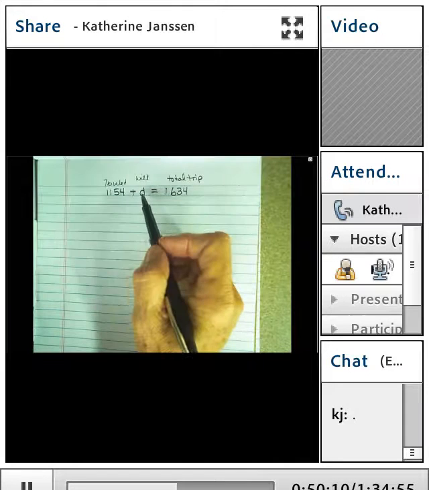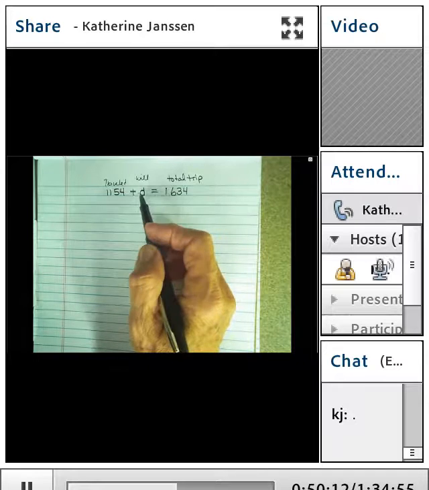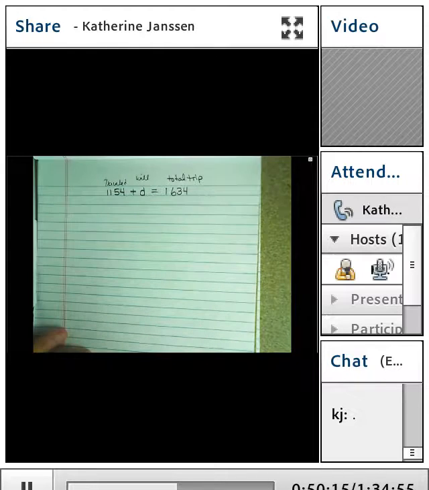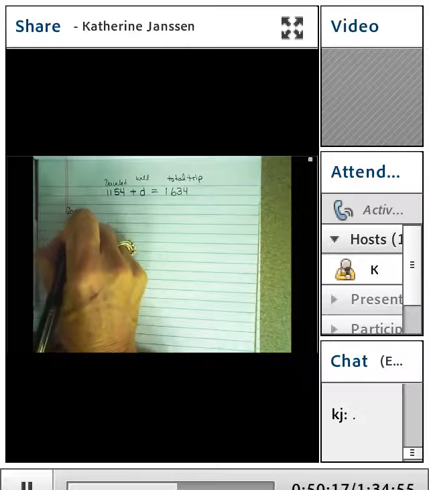Well, we want to solve for the distance remaining that she needs to travel. So our goal is to solve for D.